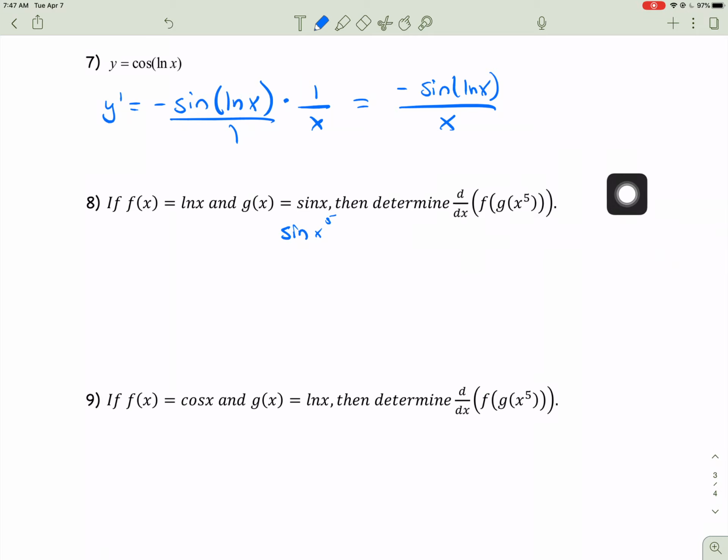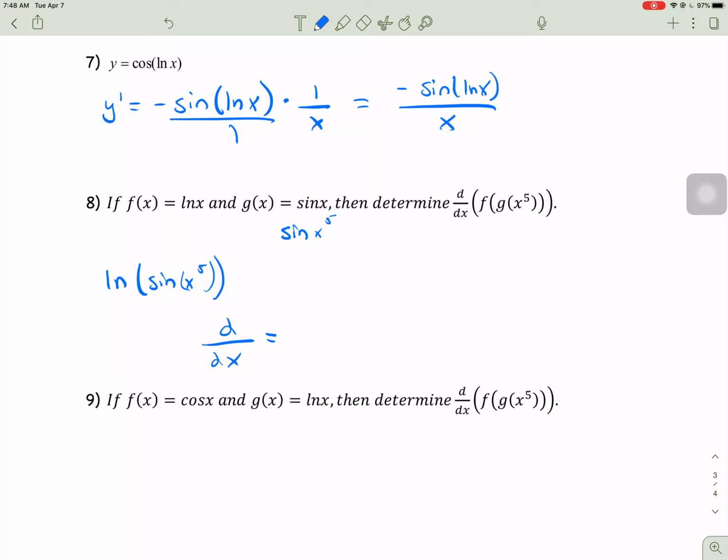I'm sorry, it's f of g of x to the 5th, which is going to be ln of sine x to the 5th. And we have to find the derivative of this. So find d dx, derivative with respect to x.